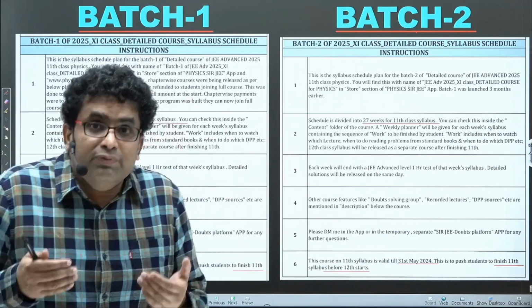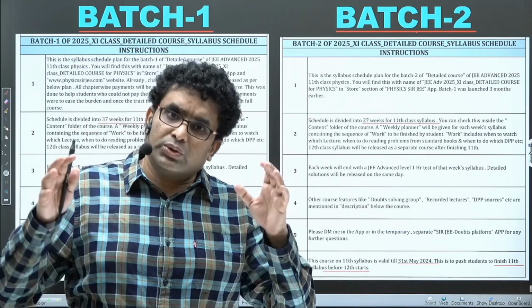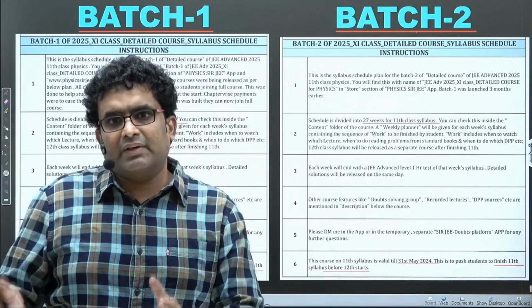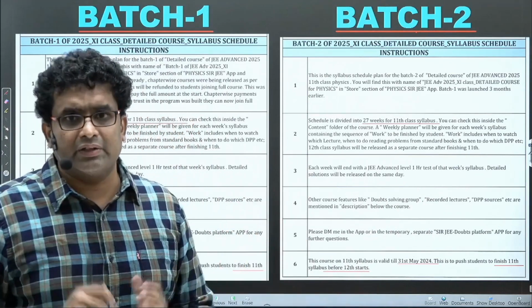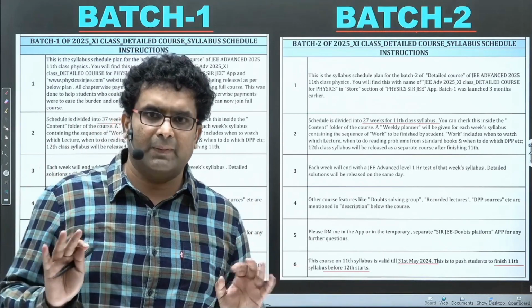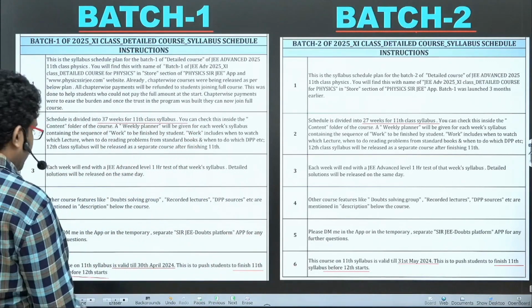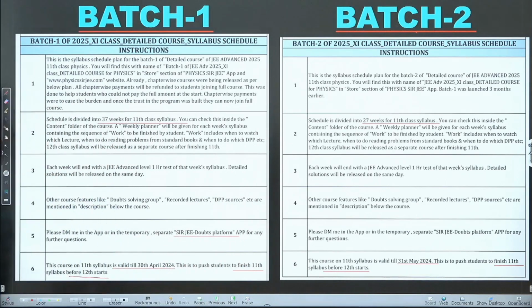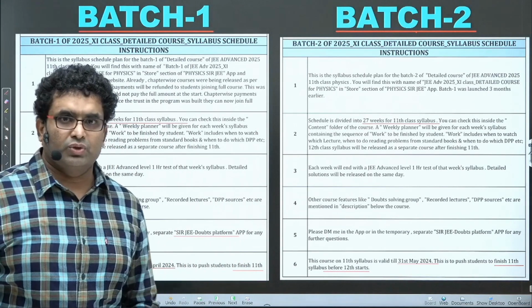So instead of taking the combined 2 years, we are splitting the batches into 11th batch and 12th batch for 2025, unlike 2024 aspirants. I hope this is very clear and logical. And as I said, you need to use the Sir JEE Doubts platform app separately for your doubts groups.